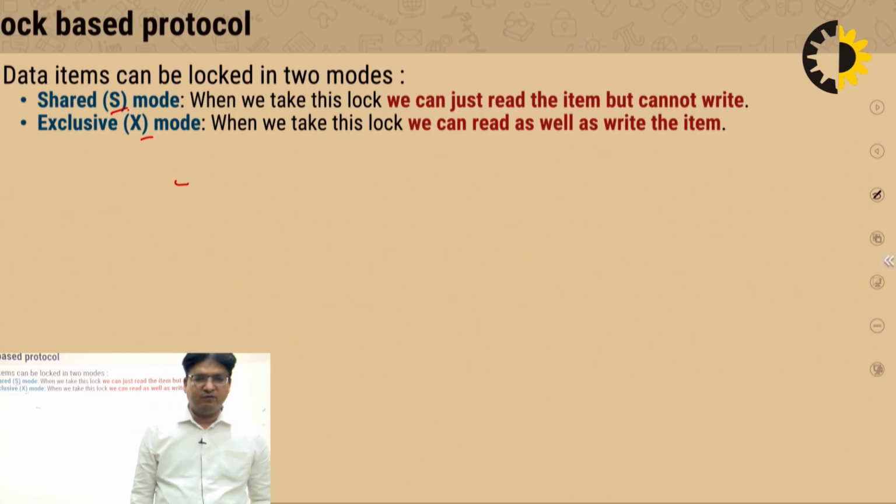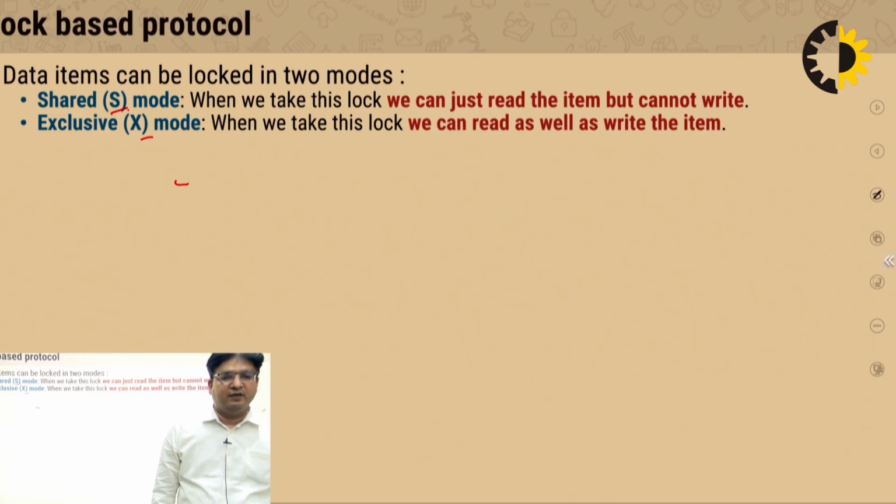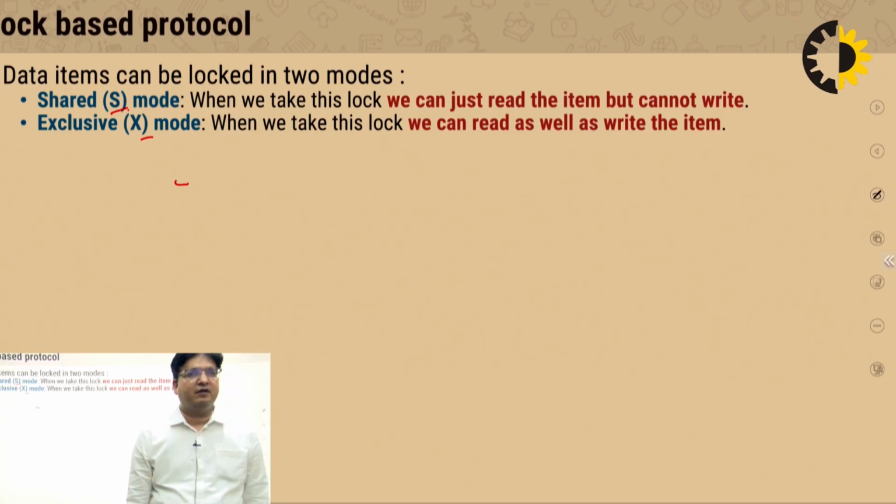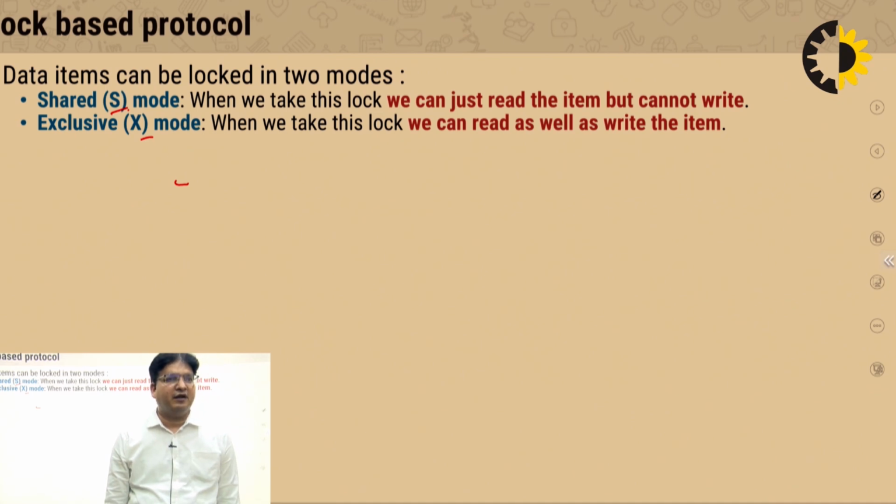So if at a particular moment a transaction is reading the value of a data item, and another transaction wants to write that value, should we permit it? No, we should not, because the value is already being read by a transaction.